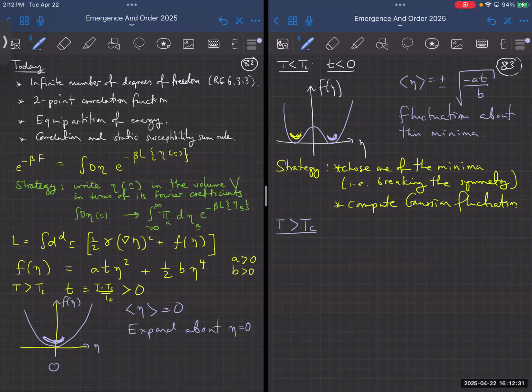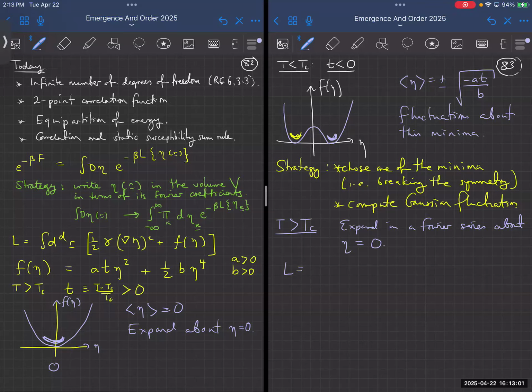And so the first thing I need to do is write down what is the Landau free energy. So we're going to expand the Fourier series about eta equals 0. So we're going to simply substitute in, and what we're going to get is the following.